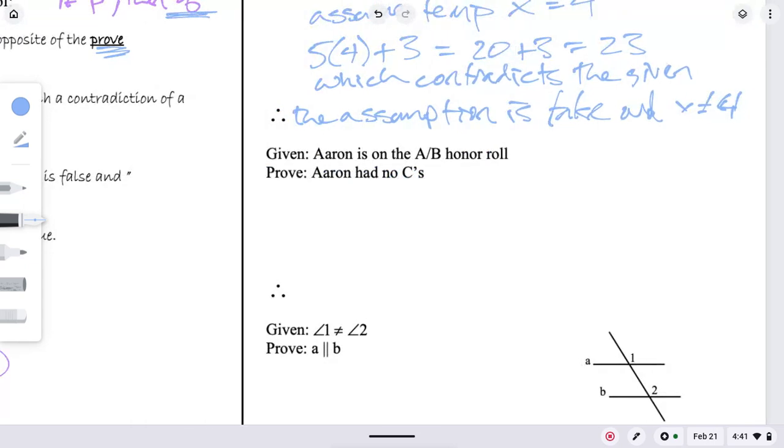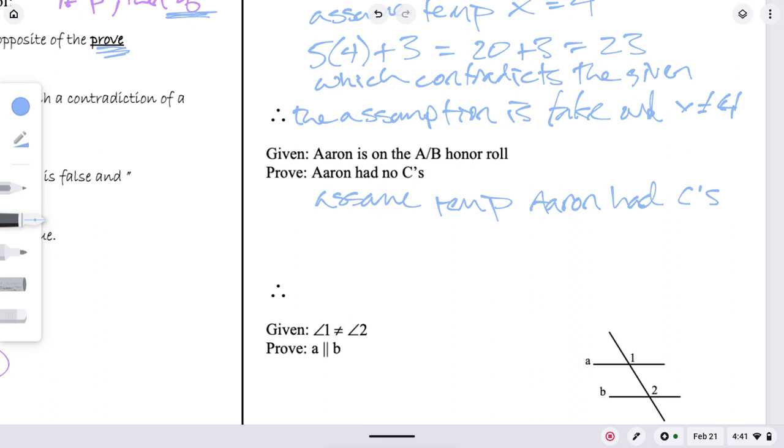My next one here. So I have Aaron who's on the AB honor roll, right? I'm trying to prove that Aaron has no C's or had no C's last semester. So the first thing I'm going to do is assume temporarily that Aaron did have a C, or had some C's, right?